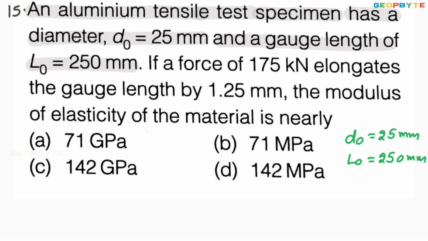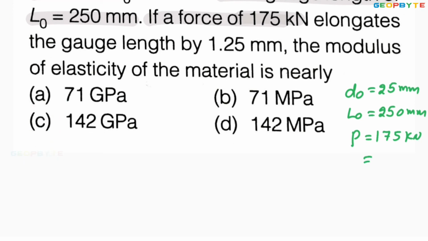If a force of 175 kilonewtons, the force acting on the body, can also be written as 175 multiplied by 10 power 3 newtons, elongates the gauge length by 1.25 mm. That means the change in length is 1.25 millimeter.